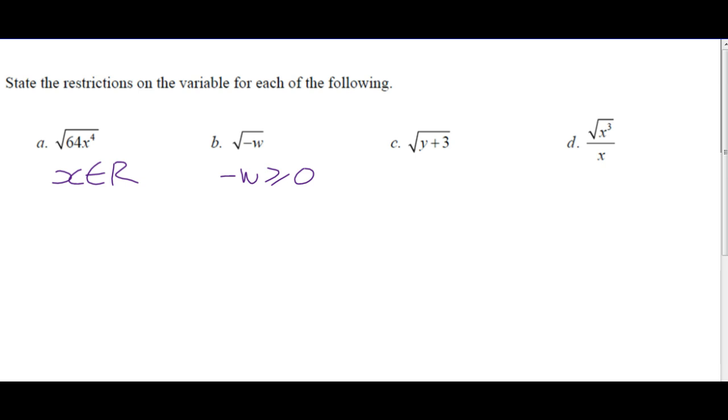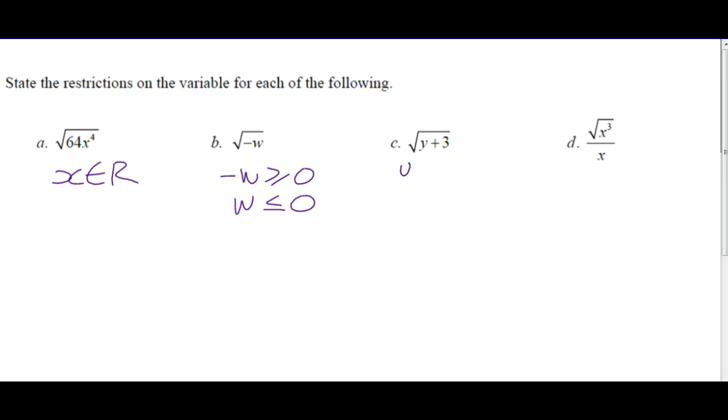To solve that for w, multiply both sides by negative 1. When you multiply an inequality by a negative, you flip the inequality. So w has to be less than or equal to 0. Basically, w has to be negative, because when you take the negative of a negative, you get a positive. So if w is negative or 0, we're good.